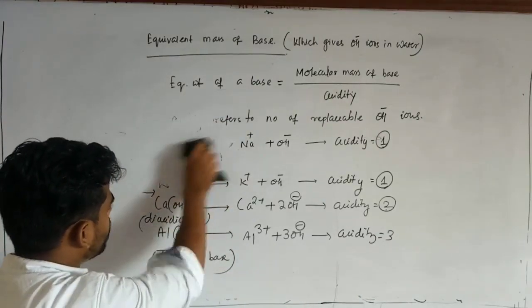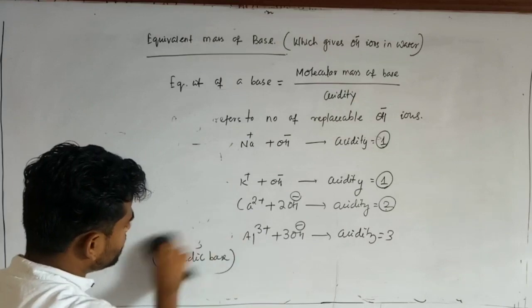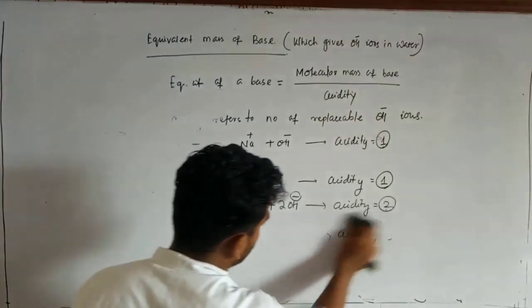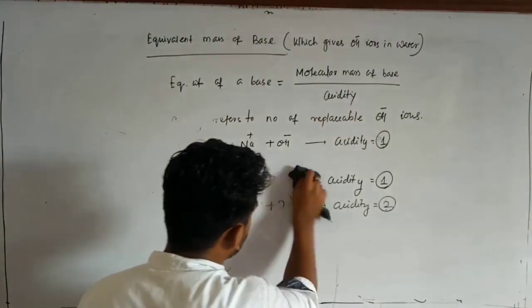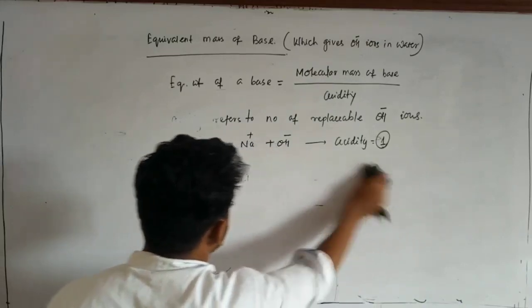Now again we have to consider a table which contains a few bases, and let us calculate their equivalent weight or equivalent mass.